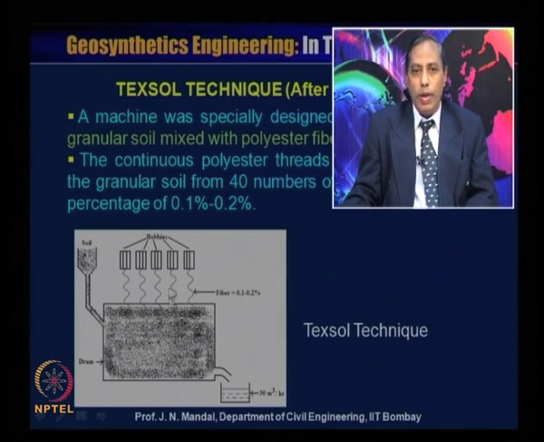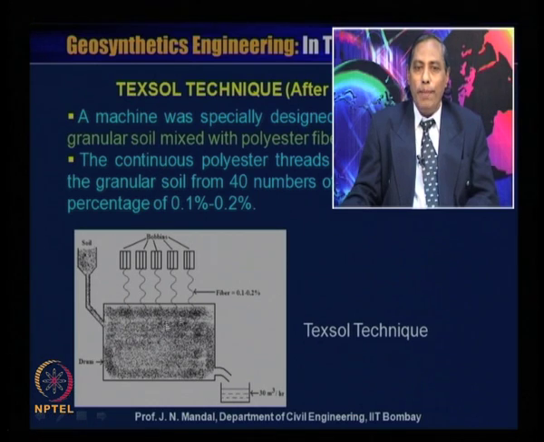It is very popular in France, and I have seen this kind of machine in France, and how they have used it for slope stabilization in their country. Then you have to spread it near the slope.